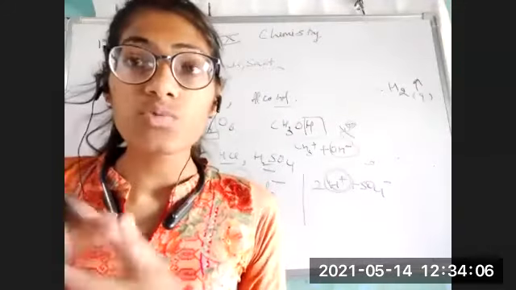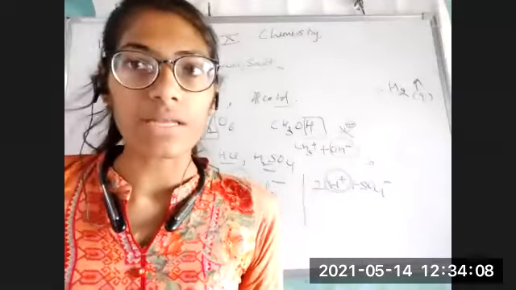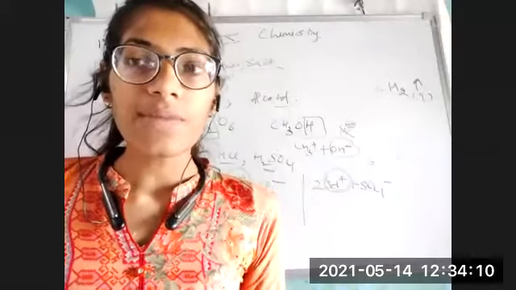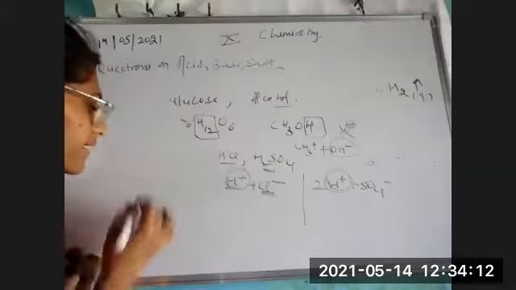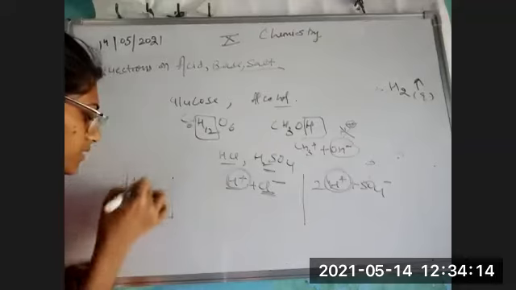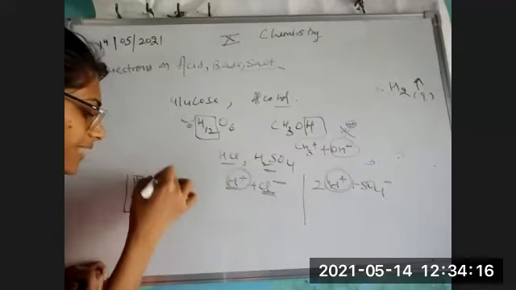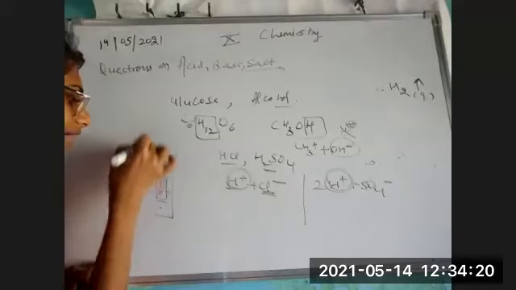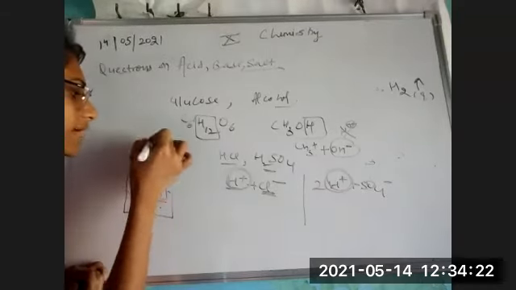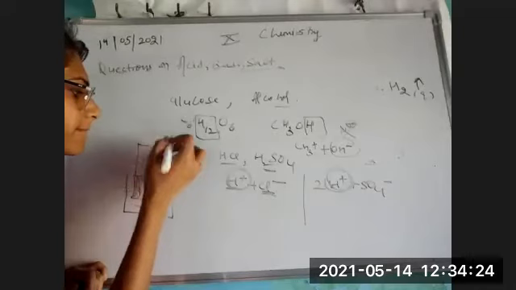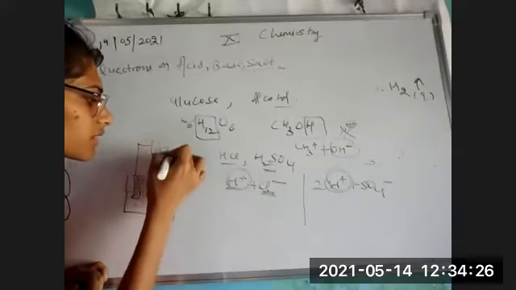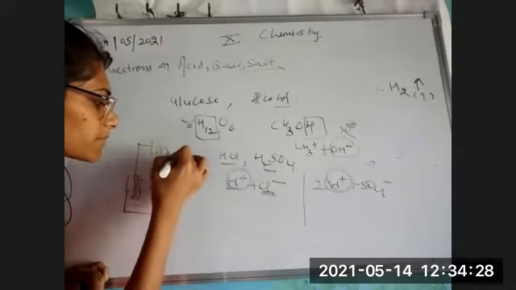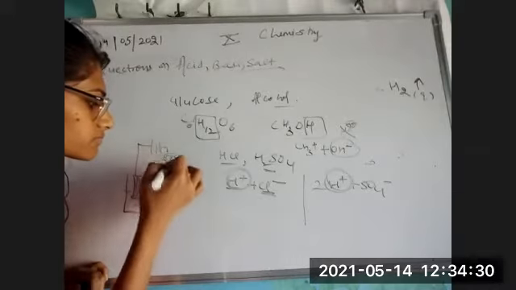Now the question is, we need to prove this by an activity. So I have taken that activity. You must remember that whenever we put our solution between two electrodes, cathode and anode, and we have connected them with a battery, and we have also put a bulb over there.